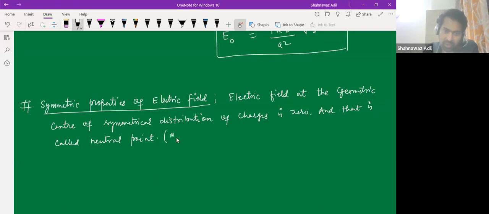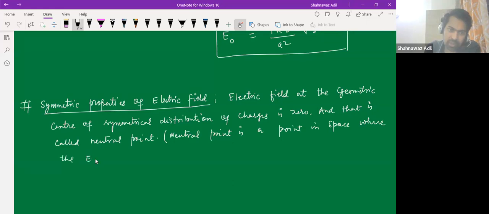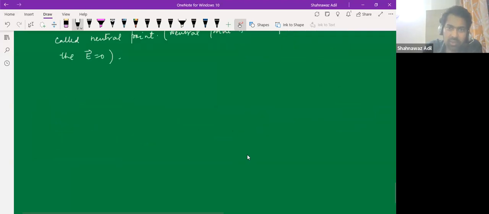So a neutral point is a point in space where electric field is 0. So that is called the neutral point.